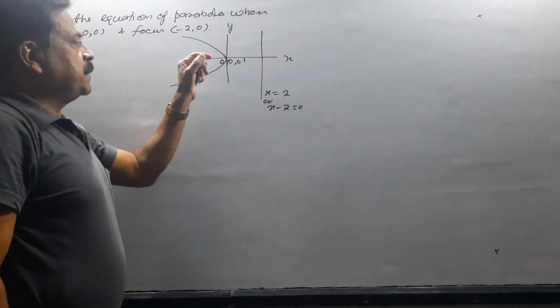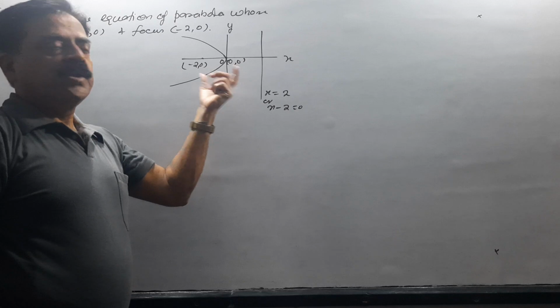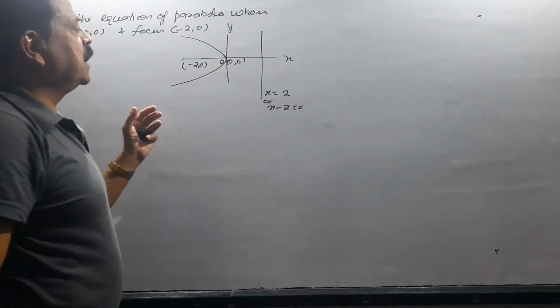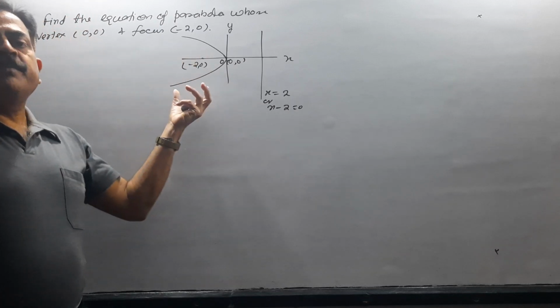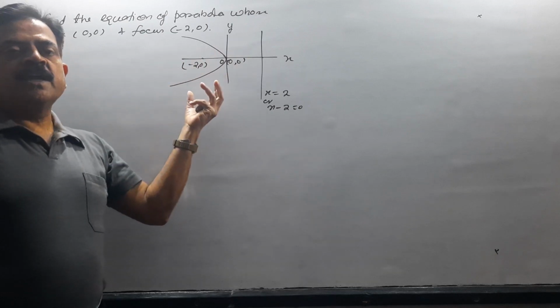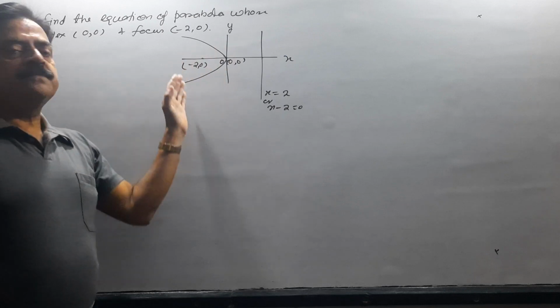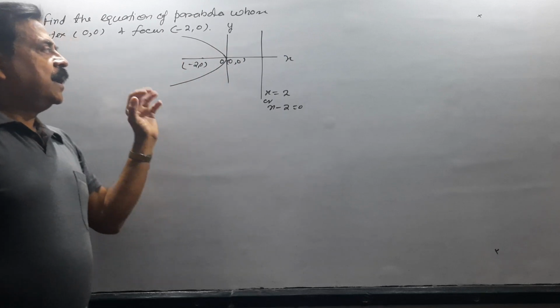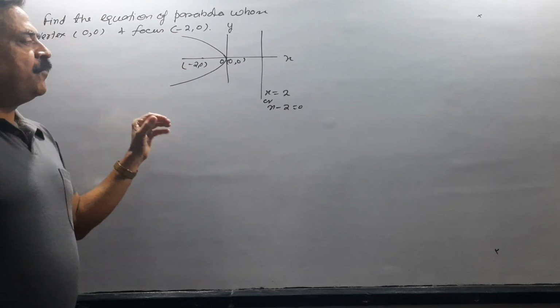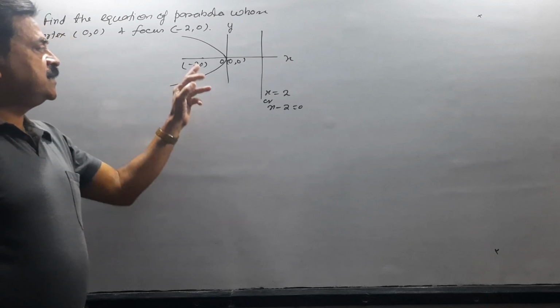Since this parabola is in standard form, one thing we have to identify is the type of parabola. 4 standard forms of parabola we have studied, and this is the second type of parabola. And then identify the value of a, which is here 2.